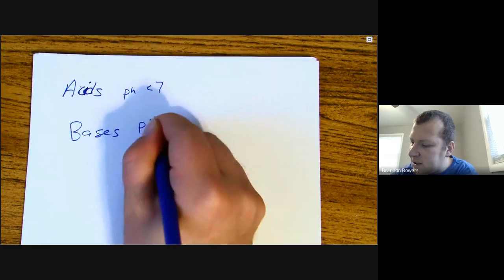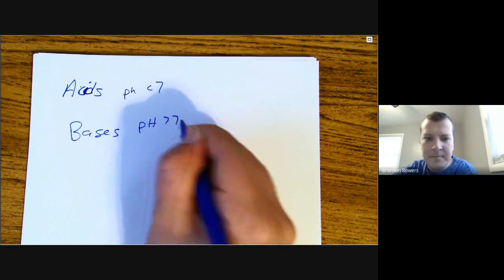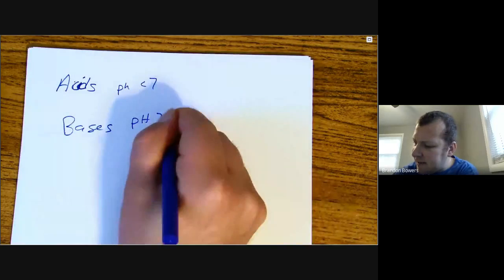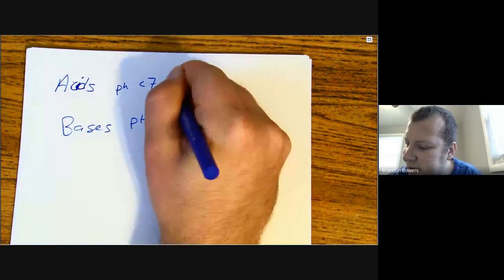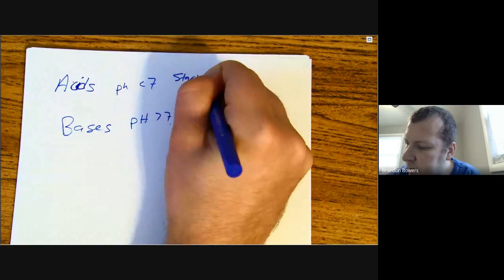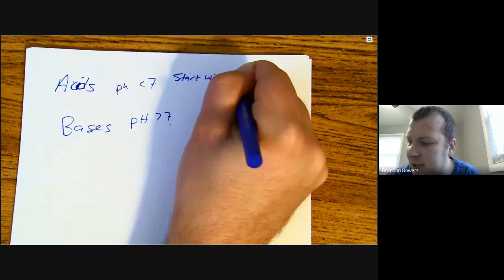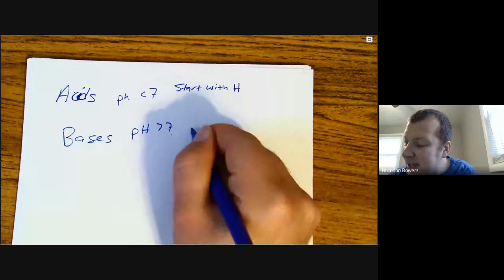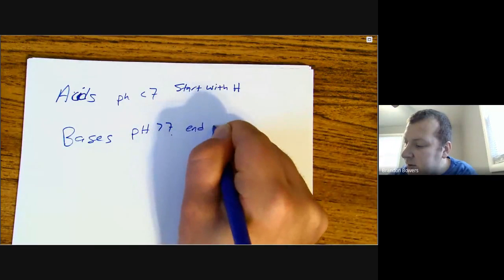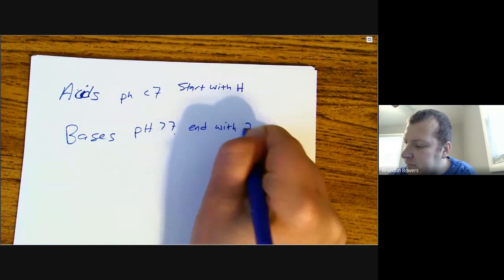Bases, their pH is always greater than 7. Now, if we look at it, acids always start with an H. You don't have to write this down. I'm just showing you guys. Acids always start with an H. Bases always end with OH.